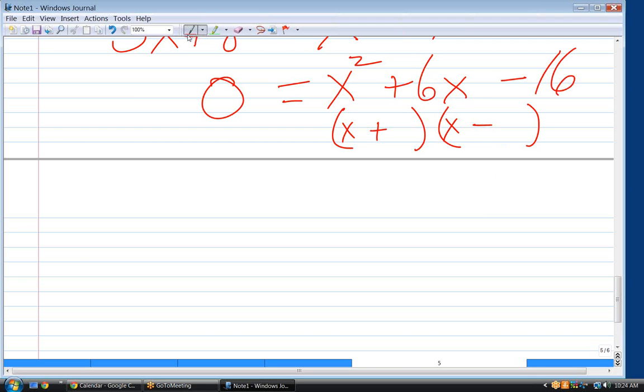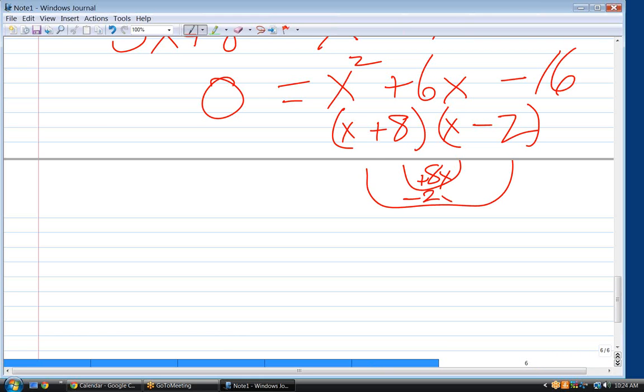So what two factors would that be? 2 and 8. And where does the 8 go? On the positive side, because that's the sign of the middle term. So the largest factor has to go there. Because remember, we're trying to produce a 6x, and that's plus 8x, that's minus 2x, that's 6x. So we've done it properly.